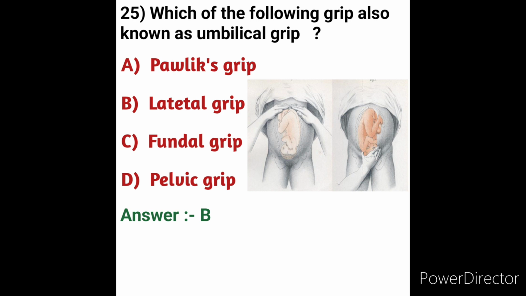So here we can see in this picture the antenatal assessment of the pregnant woman, the lateral grip. The grip is also called the umbilical grip, also called the lateral grip or Leopold maneuver. So here option B is the correct answer. Next we will move on to question number 26.